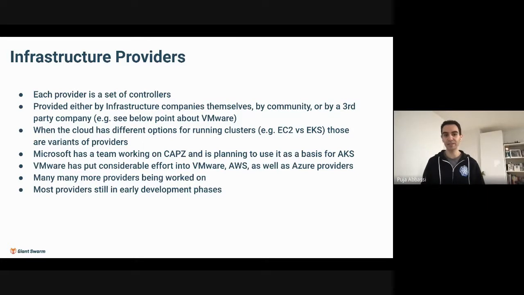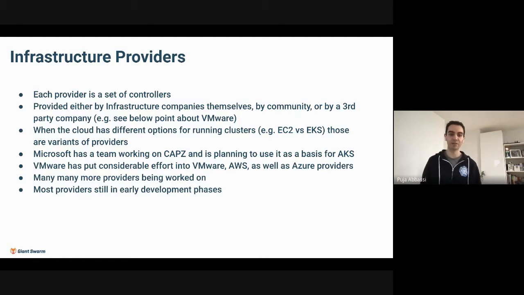And yeah, basically these infrastructure providers are provided by companies, by these infrastructure companies themselves, but oftentimes also by community people, or additionally by community people and by other companies. For example, and that's the point down there, the cluster API effort was in big part driven by Heptio, which got bought by VMware, and is still very much driven by VMware.